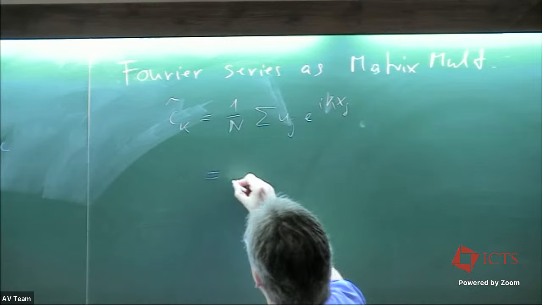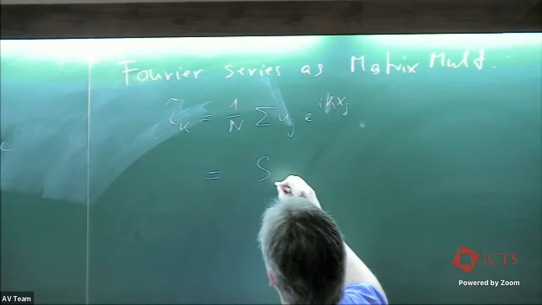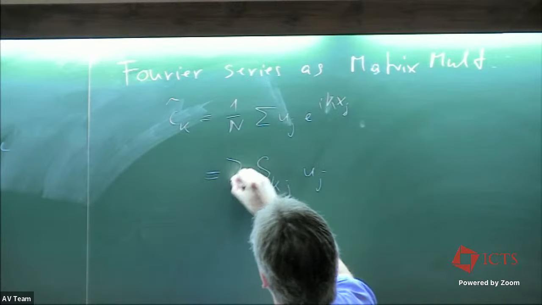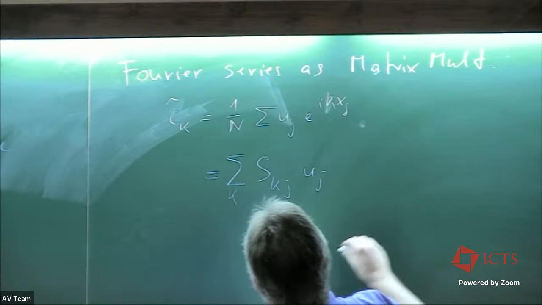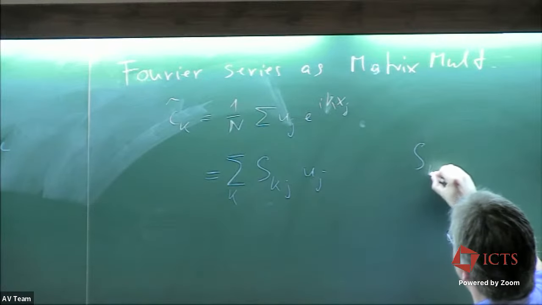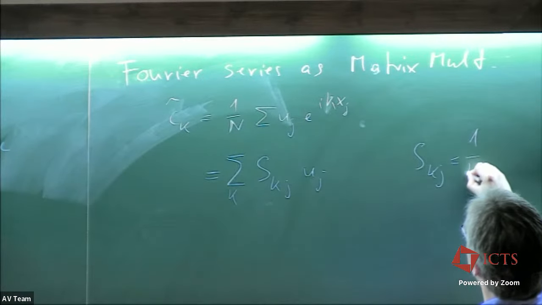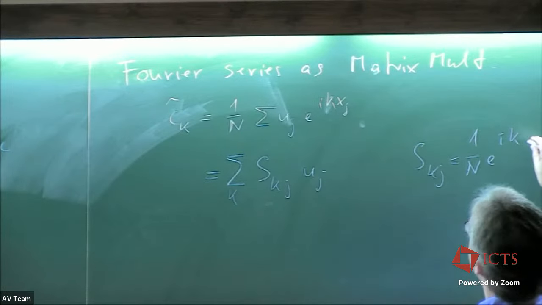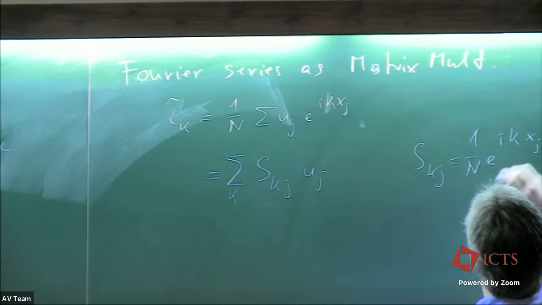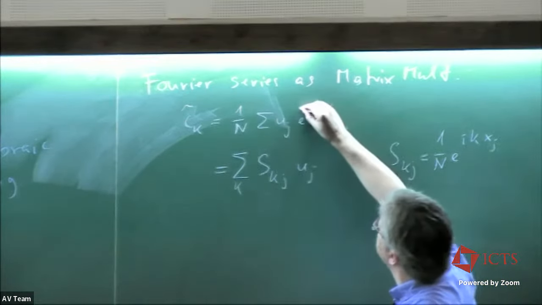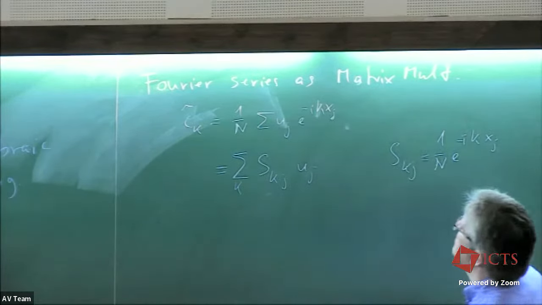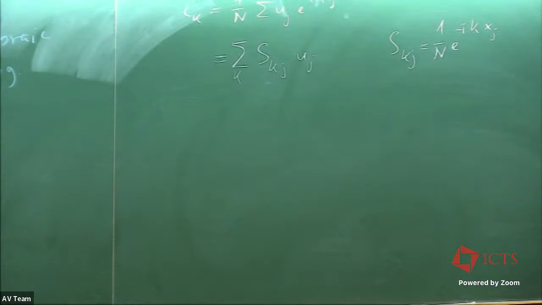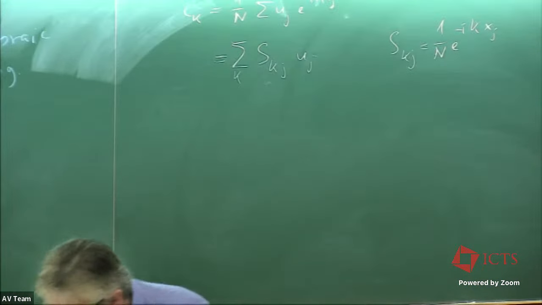So this is the same as writing the sum over j of S_kj times u_j, where S_kj is simply 1 over n e to the i k x_j. And I think I'm missing a minus sign here because we're going to the coefficients, so we should have a minus sign. Yes, and indeed I have a minus sign in my notes as well.